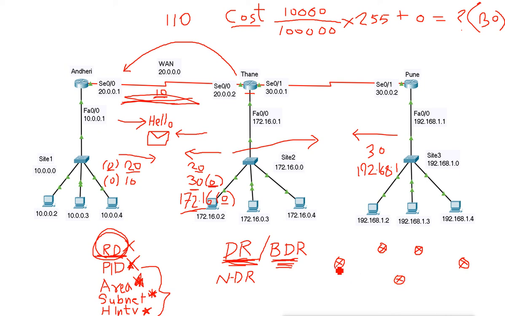Now here you have one network, and here you have one network, and you can go from this path, and also you can go from this path. Now when you go from this path, you have a 1 Mbps link here, a 1 Mbps link here, and if you go from this path, you have a 10 Mbps link here, 10 Mbps link here, and also a 10 Mbps link here.